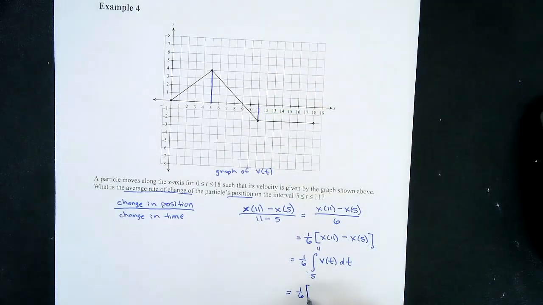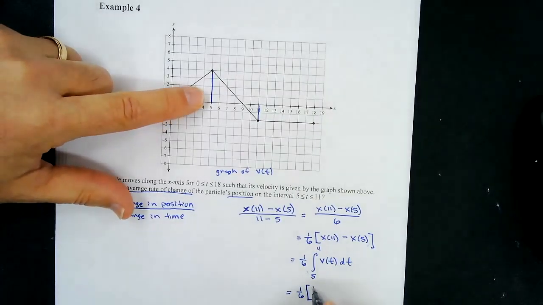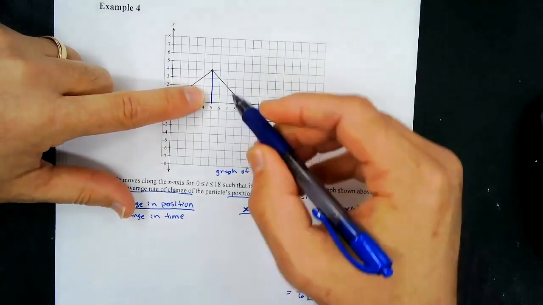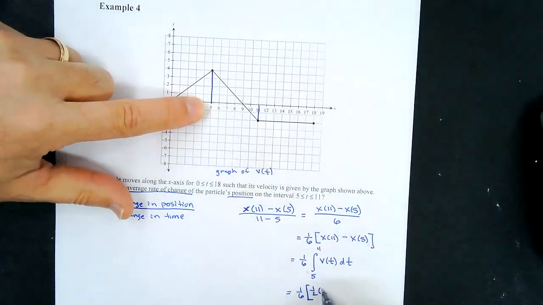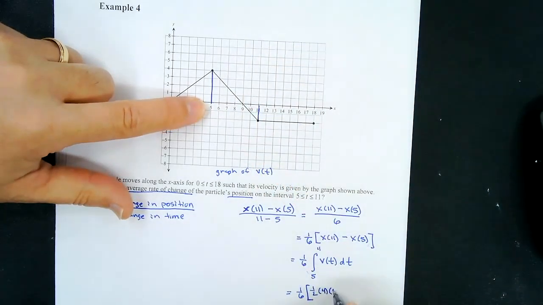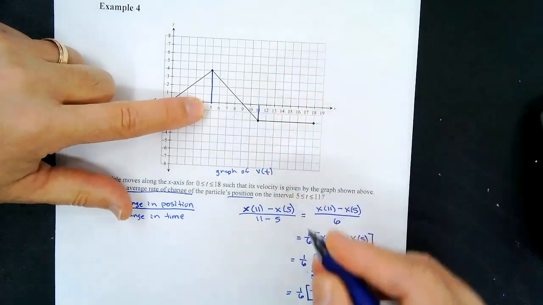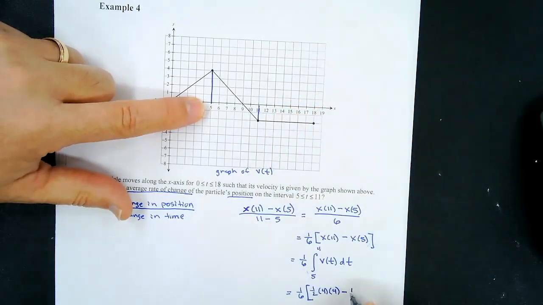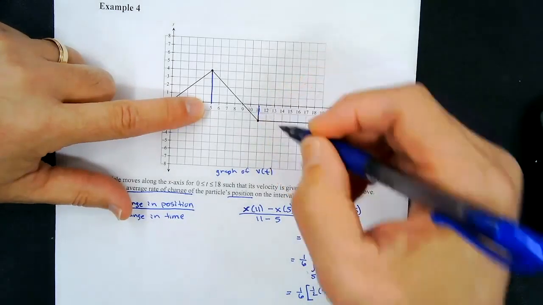So then this is 1/6 times, and since this is a triangle up here, it's going to be 1/2 times the base, and we're going from 5 to 9, so that's 4, times the height, which is also 4. And we're going to take care of this triangle down here by subtracting 1/2 times 2 by 2, which takes care of the negative part.